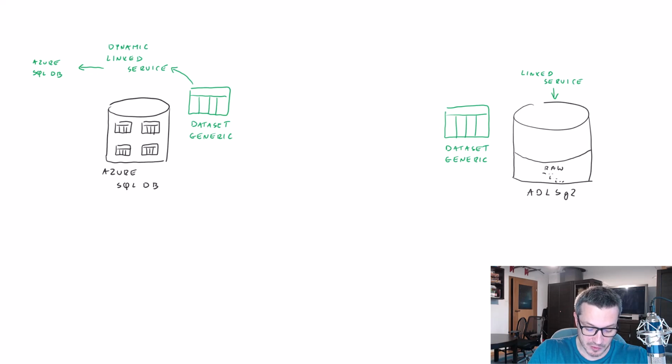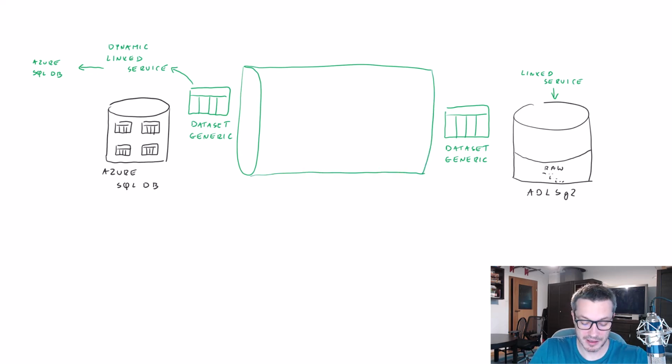Then to connect all this stuff together, what we have to create is a pipeline. So let me try to fit our pipeline in the middle. So pipeline. And pipeline is again just a logical container for our activities that we want ADF to perform.